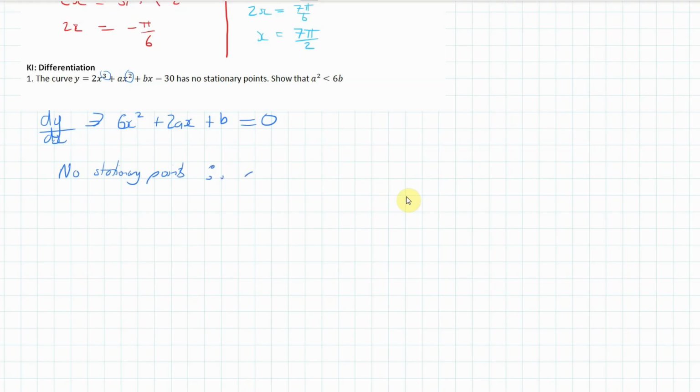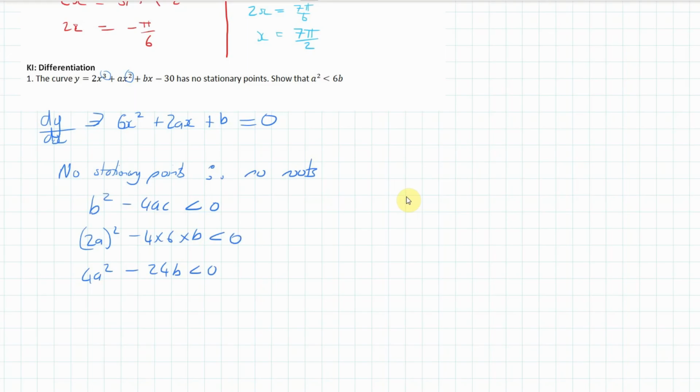So no roots. Excuse the bad handwriting here. And so we're going to go b squared minus 4ac has to be less than 0. So we chuck in our b value, which is 2a. We're going to square that. Then we're going to minus 4 times 6 times b. And we get 4a squared minus 24b is less than 0.